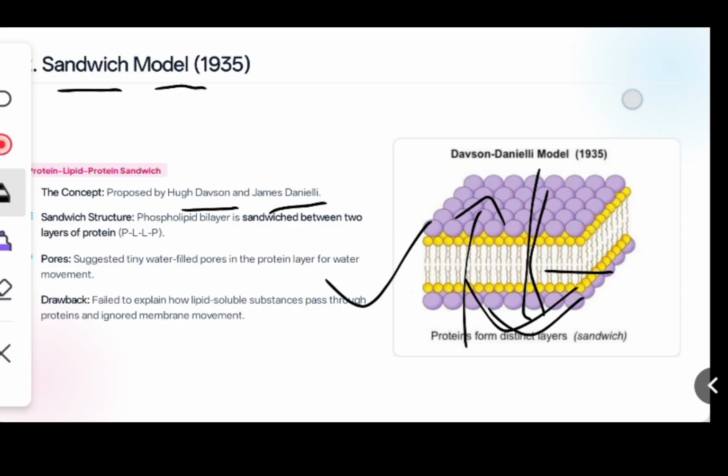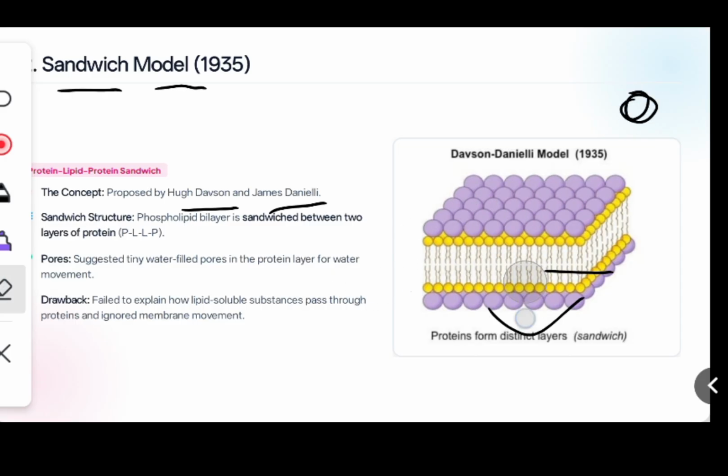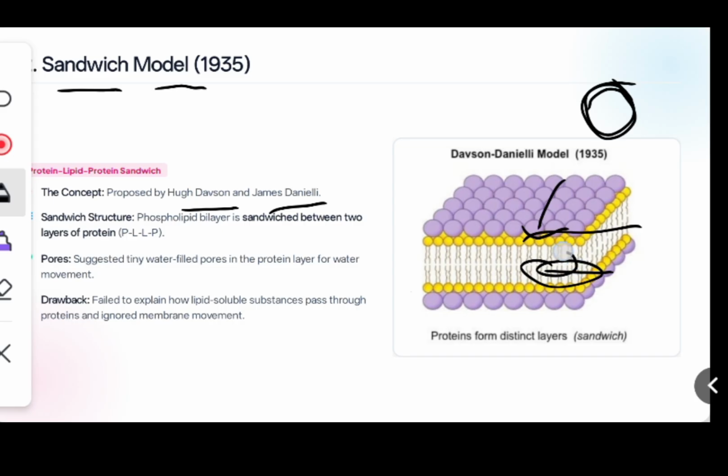Suppose this is a protein soluble molecule. It needs to enter into the cell. It will enter until this point only. It can't enter into the phospholipids. Why? It is a protein soluble molecule.